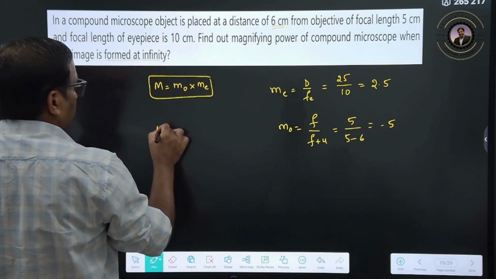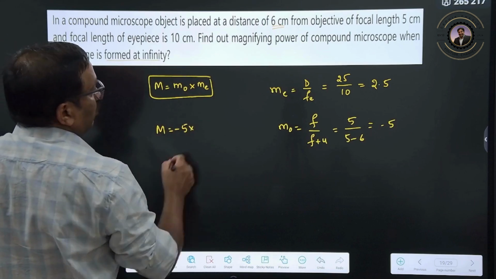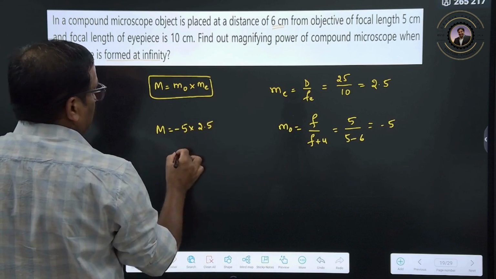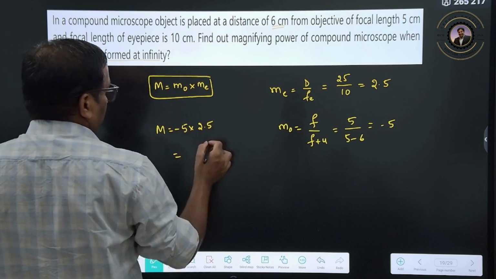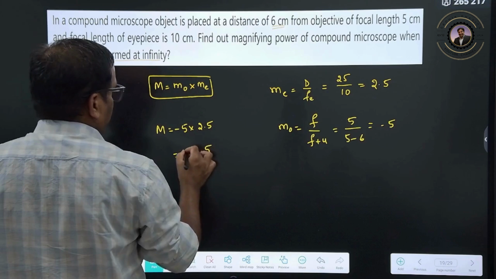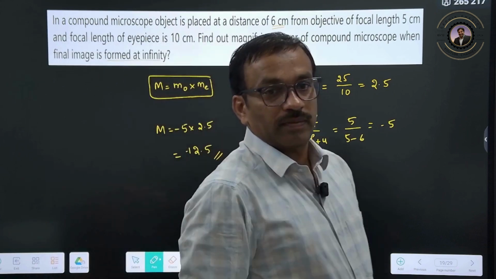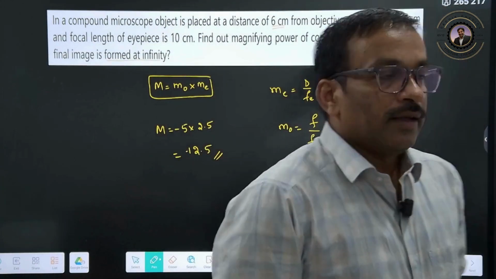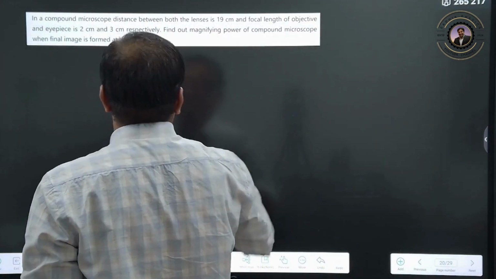So the magnifying power is minus 5 into 2.5. So what can you write now? 25 by 10, so 12.5 will be the magnification of this compound microscope. Clear? Right. Now we'll go for another question. Let us see.